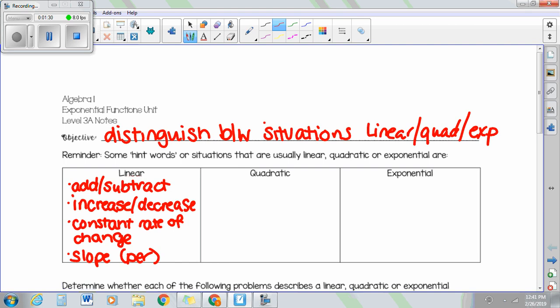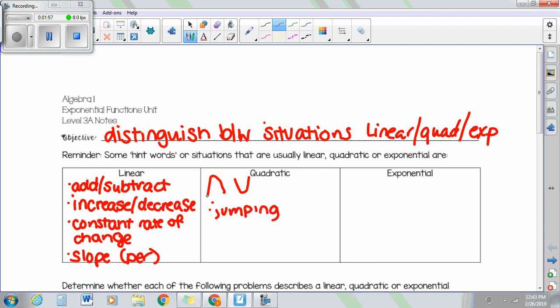Quadratic is a little bit weirder. Quadratic, it's adding or subtracting the same amount the second time down. So, as I said, these are going to be situations. With quadratics, if you'll remember, they look like this or like this. They're kind of U-shapes. So a lot of times we'll see these in word problems where we're talking about jumping, right?